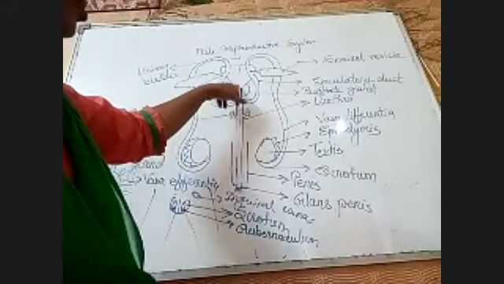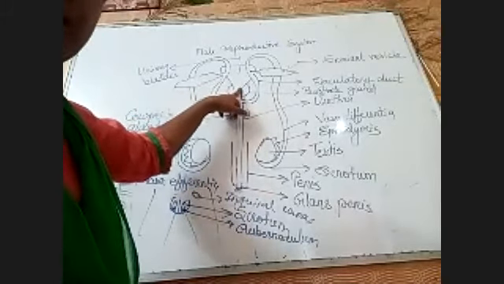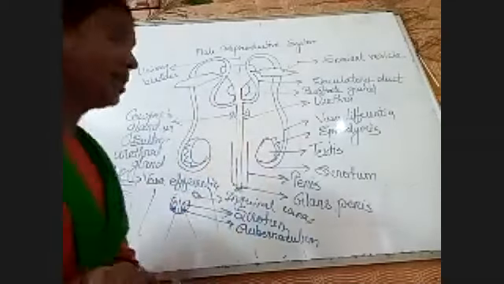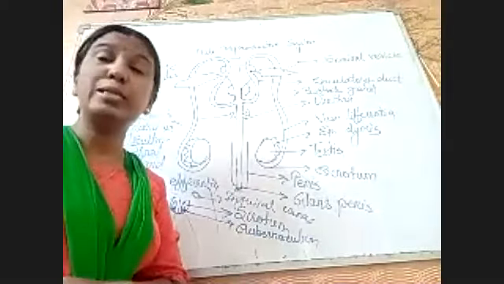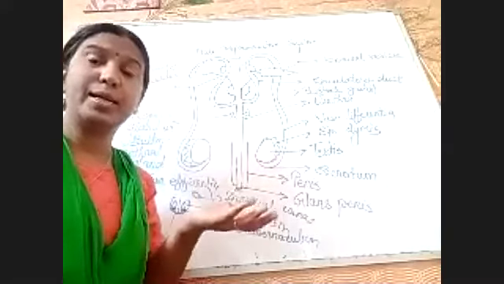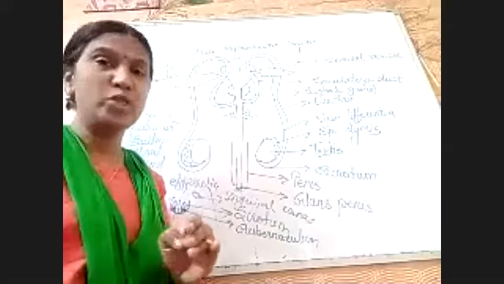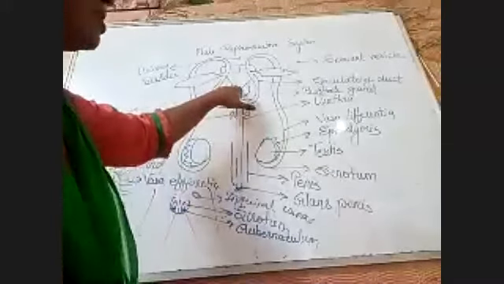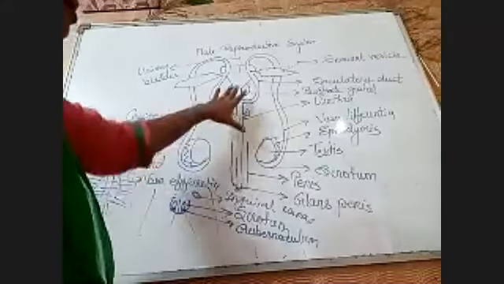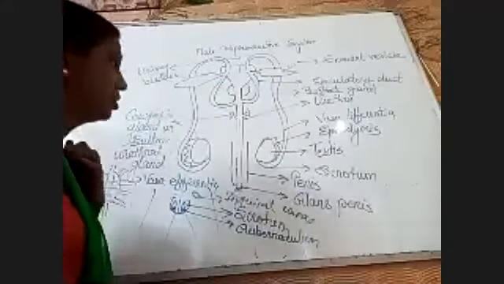Now the urethra. We had already seen the urethra in the excretory system. The urethra is called the urogenital duct, as I told you at that time, because it participates in reproduction as well as excretion. Here, from the neck of the urinary bladder, the urethra arises. This urethra gets divided into three parts.